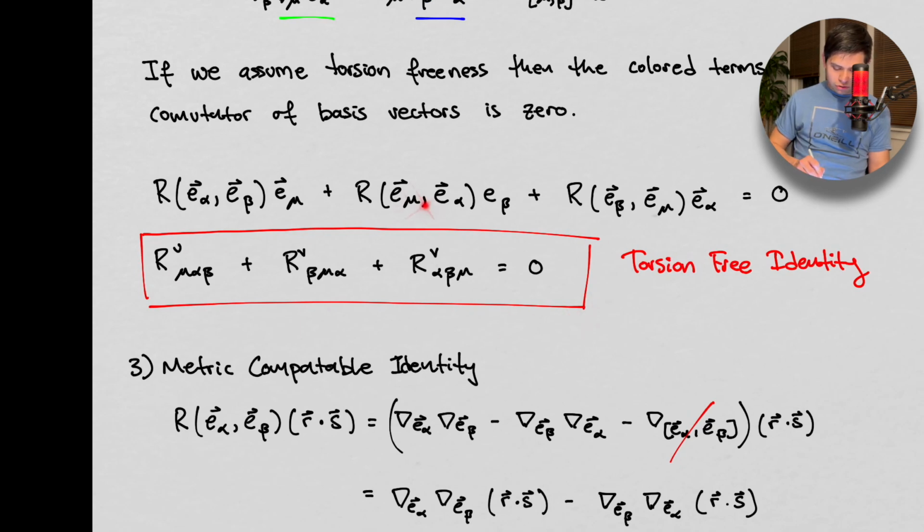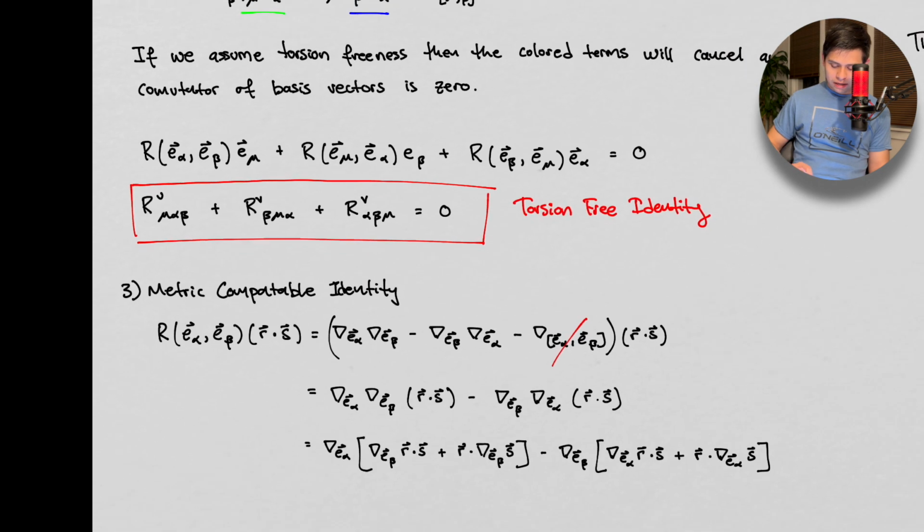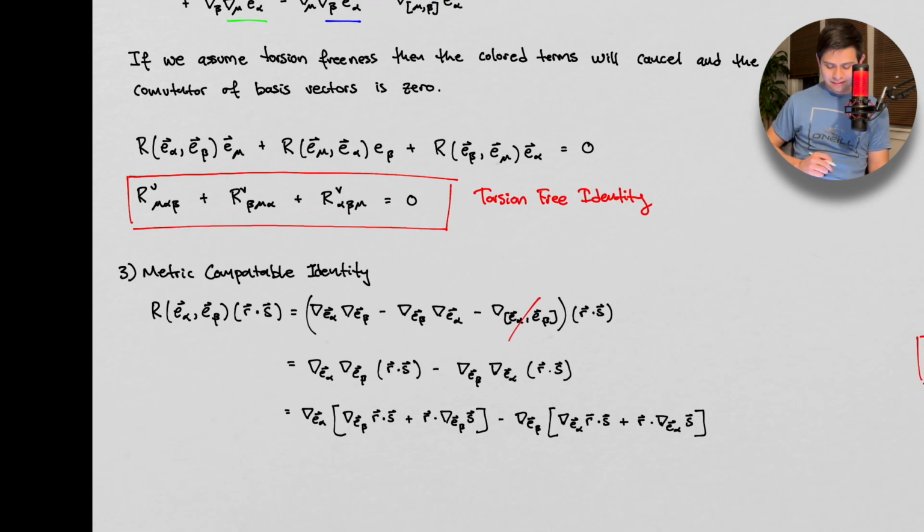So the mu, so alpha beta, mu alpha, beta mu. Again, these are the input direction vectors, and then we have mu, beta, and alpha. So this is the Bianchi identity, or what I like to call the torsion-free identity.